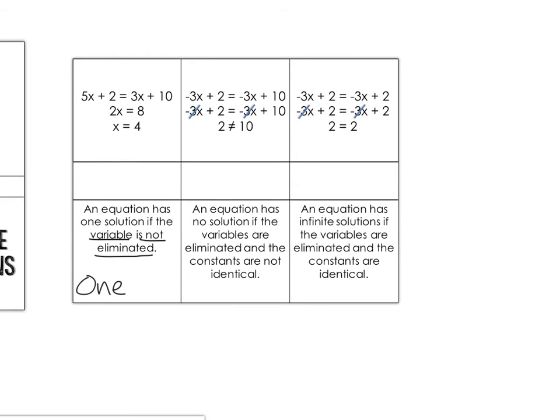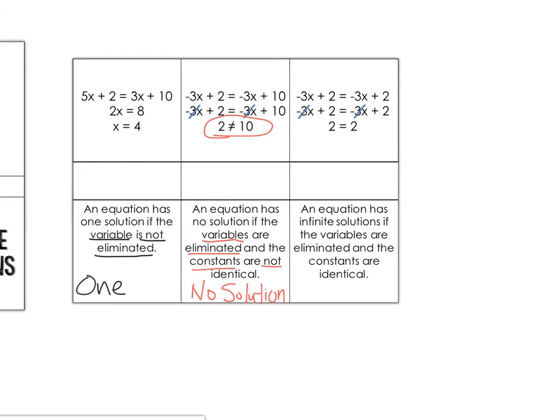Looking here in the middle, when we solve an equation and the variables are eliminated and the constants are not identical, this is a situation with no solution.